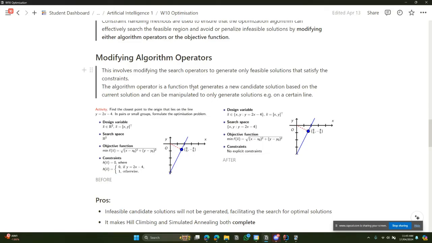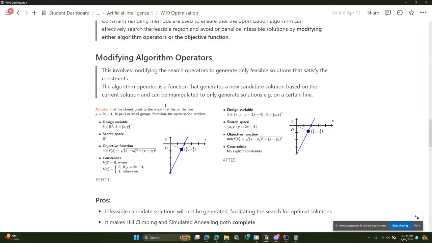How are we generating the neighboring solutions? Well, we could just generate them by a plus or minus x value: go 1x up, 1x down, and see which one's better. However, we can also put some constraints inside the neighborhood. So you can say go 1x up only if it falls on this line, or something like that.